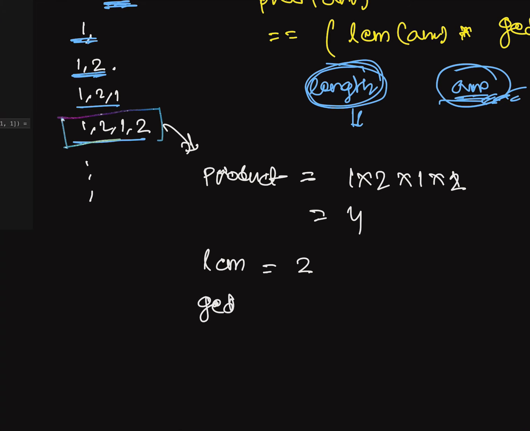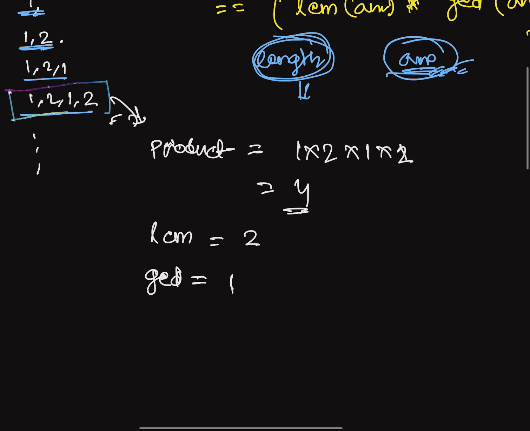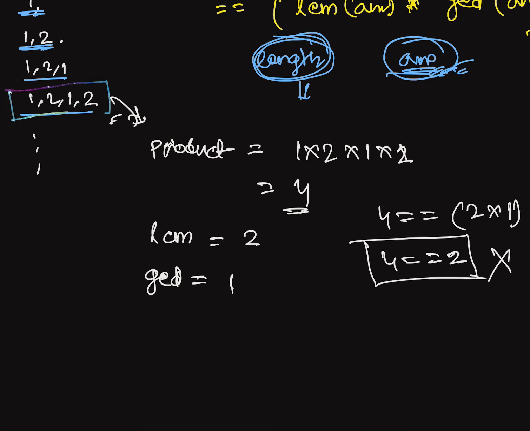Now the GCD is the common value that divides all of them, so the GCD for this array will be 1. Now we check whether the product value 4 is equal to the LCM times the GCD. 4 equals 2? No, this is not equal. So we will not check the length of this subarray, and we go to the next.